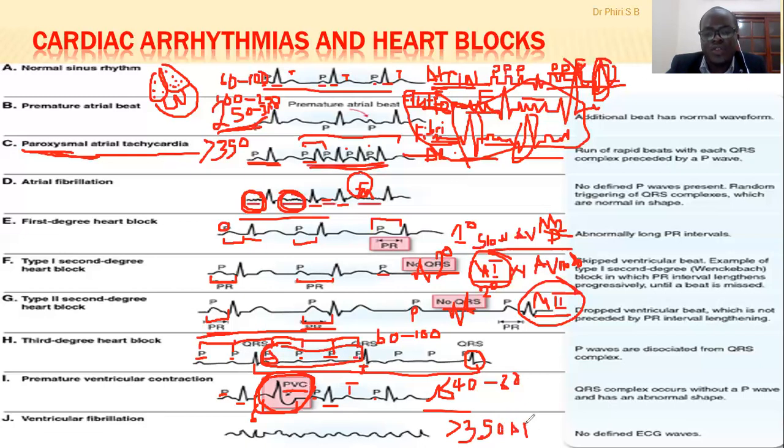So if the ventricles are being stimulated over 360 times per minute, then it will result in ventricular fibrillation. So you can't appreciate normal wave formation on the ECG.